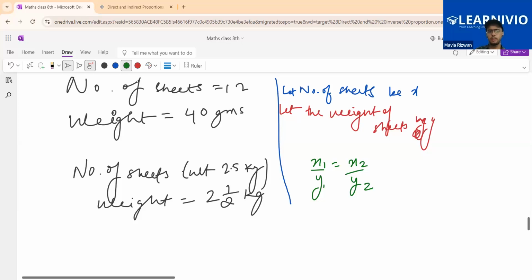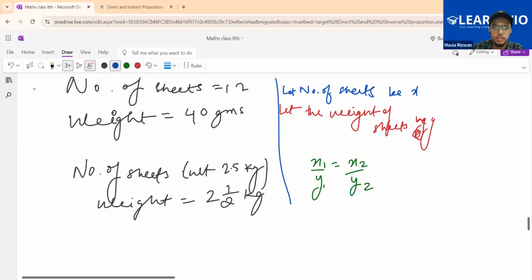What is X1 first? X1 is the first element, the number of sheets, so it's 12.